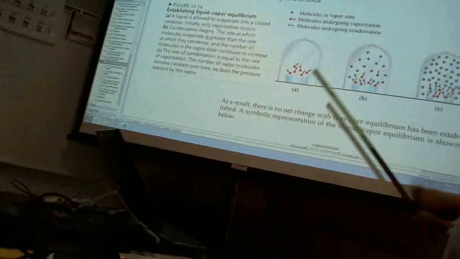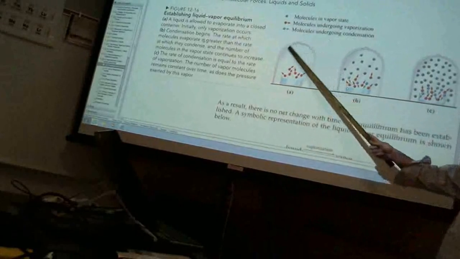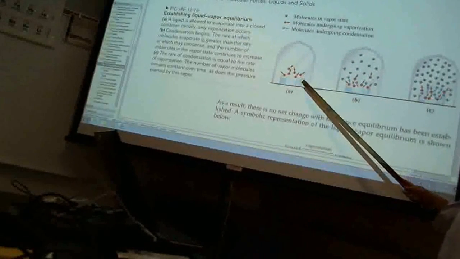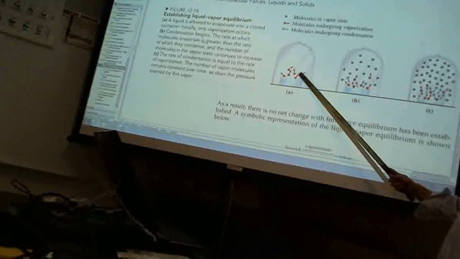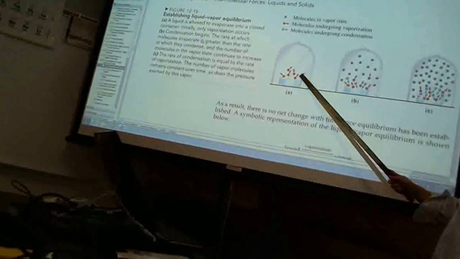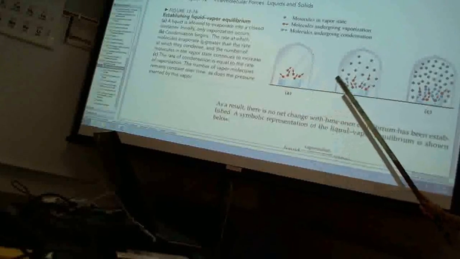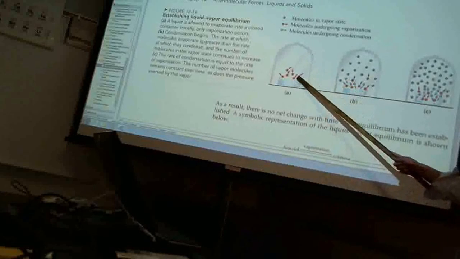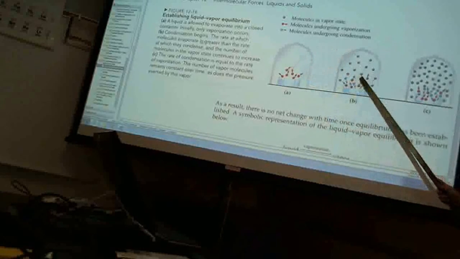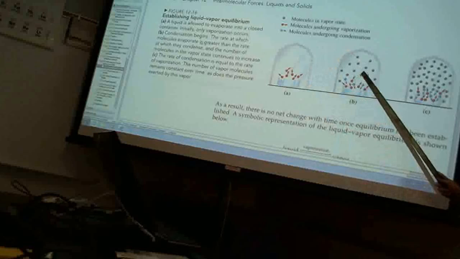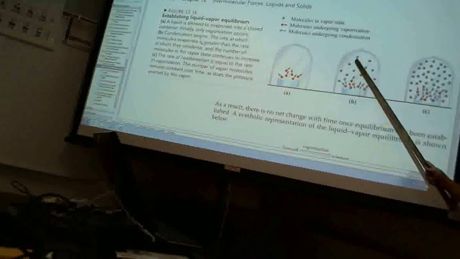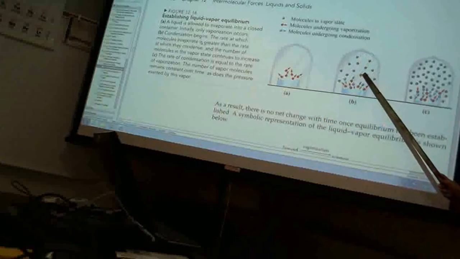All right, if we put a liquid into a container like this, some of the liquid molecules will have enough energy to escape the surface. Those are shown in red here. They go into the gaseous phase. This is called evaporation. So we have evaporation occurring, and then we have some molecules in the gaseous phase, which is shown in gray here.